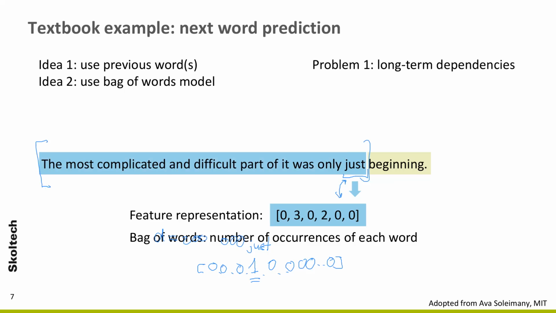In this case, we put not only zeros and ones, but some numbers: the number of occurrences of a particular word in a sentence. So we have a more informative feature vector. It's still extremely sparse because a lot of words are not present in this sentence, so most components of this representation will be zero, but we still have rich information and a chance to predict the next word with higher accuracy.